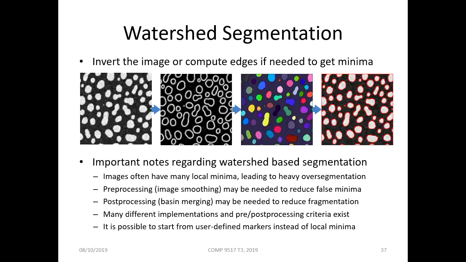This is the last slide before the break, with a few very important notes that you have to remember from watershed segmentation. The first one I already mentioned. It can have a lot of local minima, so you get an over-segmentation, meaning you have too many objects, more than you want, more than are meaningful. So you can pre-process it, or here again comes the problem of region merging.